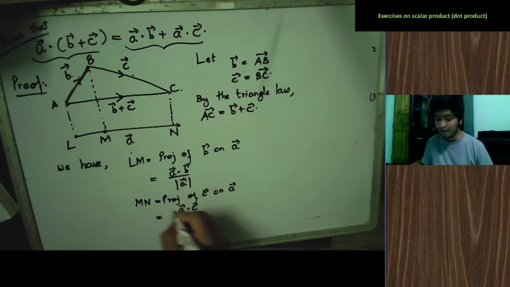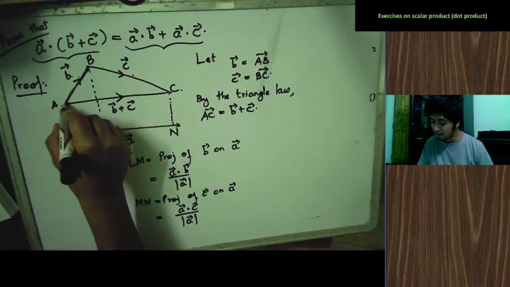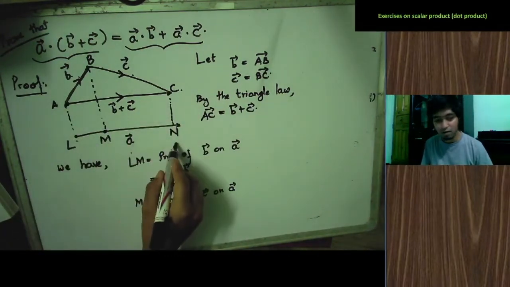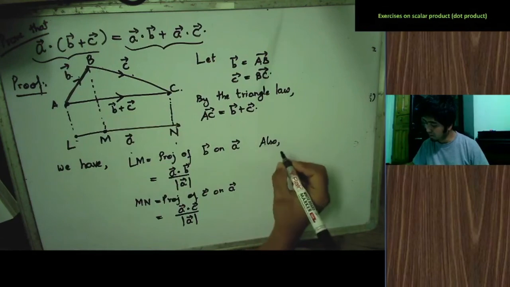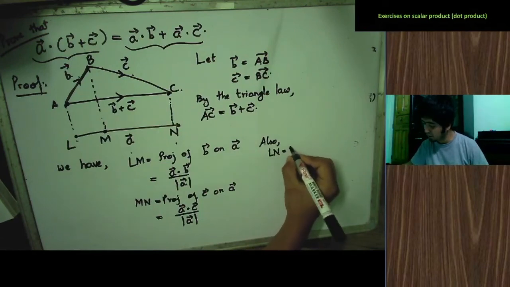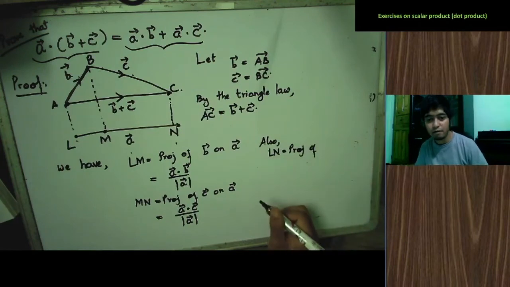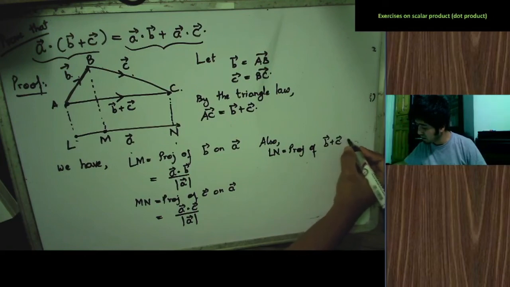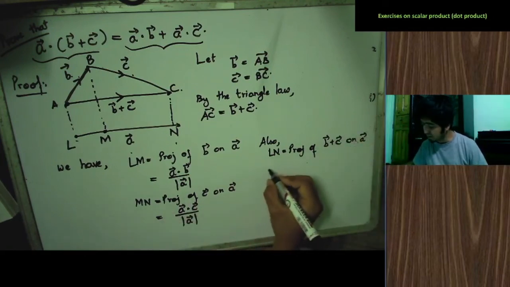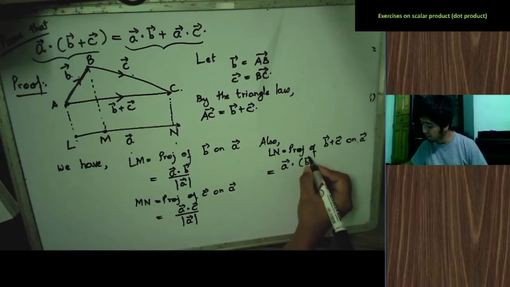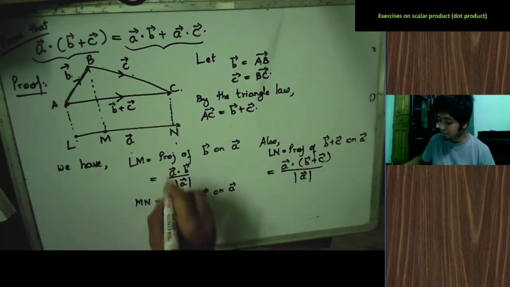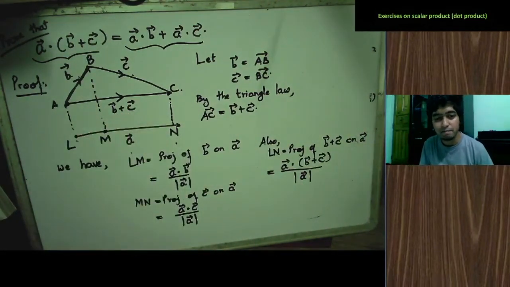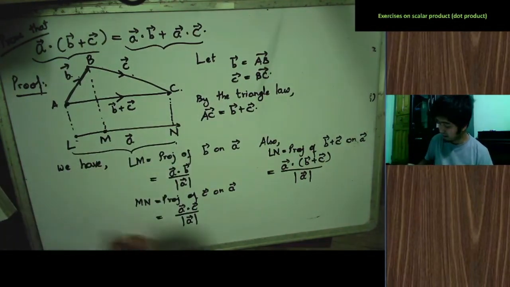So now we have got LM and MN, whereas LN as a whole will be the projection of B plus C on A. Also, LN equals the projection of B plus C on A. Again, if you use that result, we will have A dot (B plus C) divided by magnitude A. So this is what we will have from this figure. But we can write LN as LM plus MN.